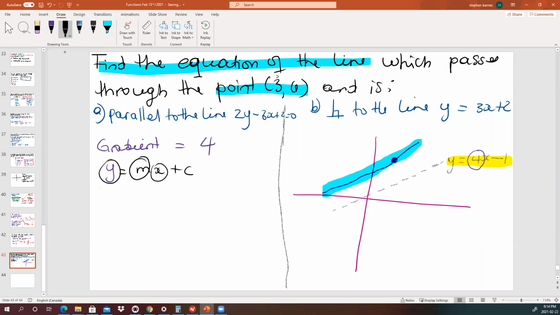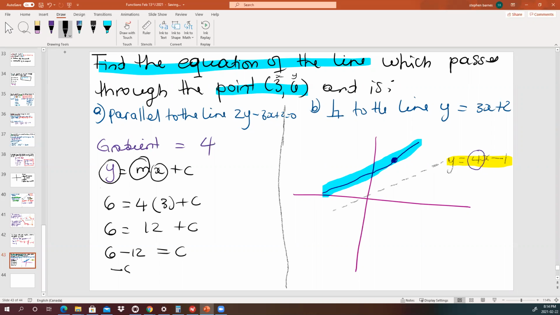So let's look. Remember that this is our x value and that's our y value. So y is 6 equals m, we just found m to be 4, times x, which is 3, plus c. 6 equals 12 plus c. 6 minus 12 equals c.